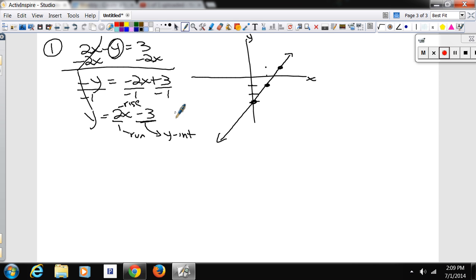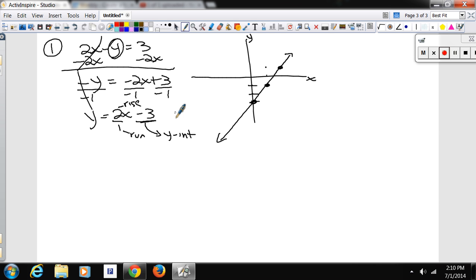I don't see any where the intercept is going to be a fraction, so I think you're in good shape there. Except for maybe number 18. No, 18 is not either, so we're good.